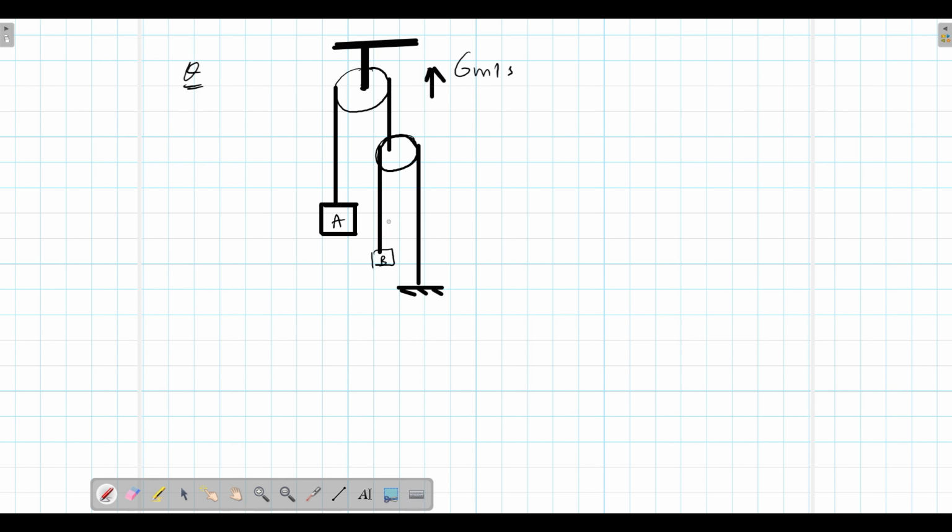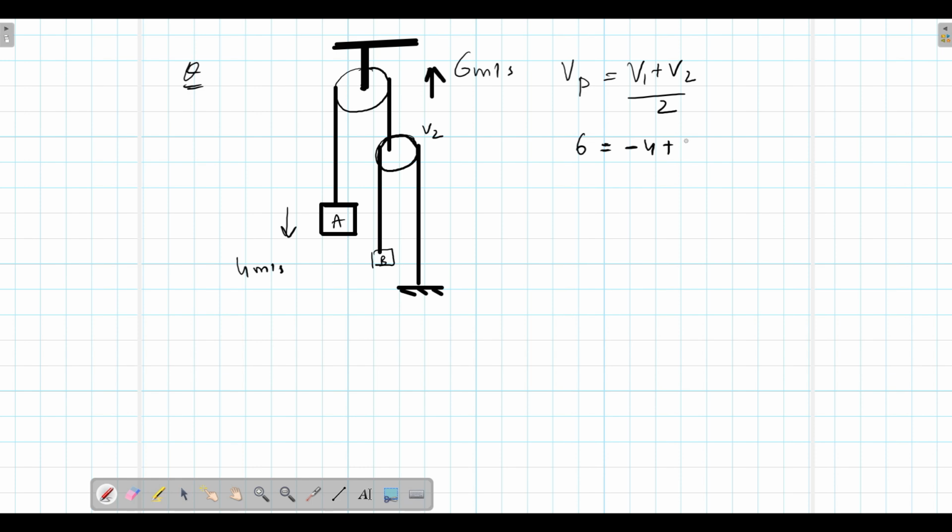This is A, this is B. A moves in downward direction with 4 meter per second. So we know that Vp equals V1 plus V2 divided by 2. So Vp equals 6, V1 is downward, so this is minus 4.